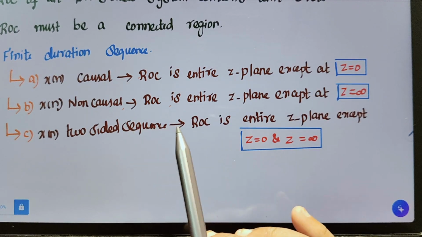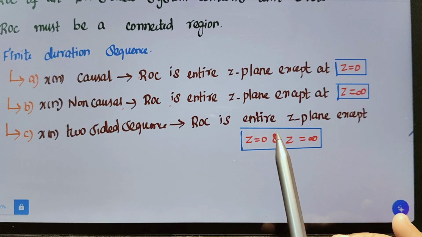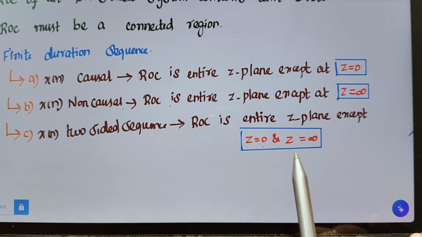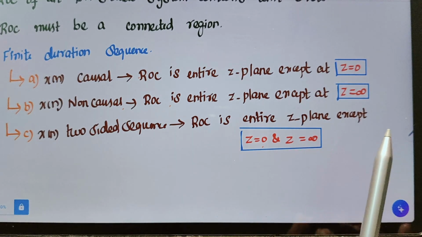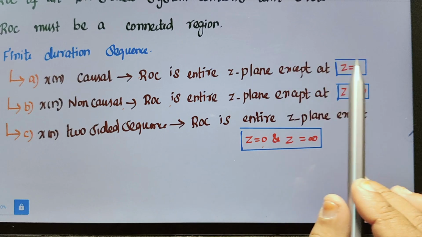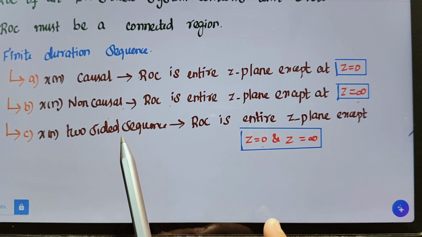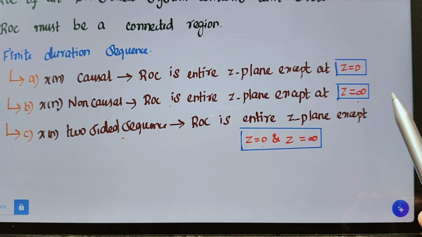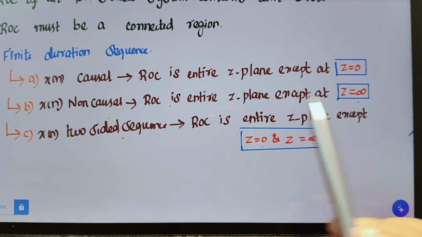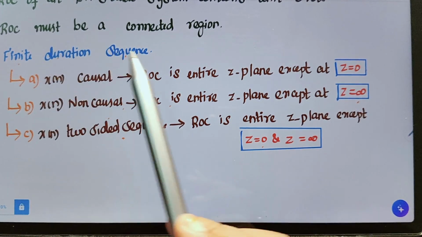For a two-sided sequence, it excludes both Z equal to 0 and Z equal to infinity. Keep it in your mind. This is for the finite duration sequence.